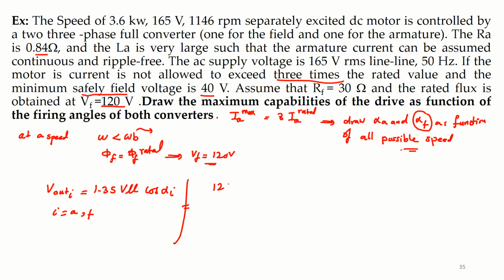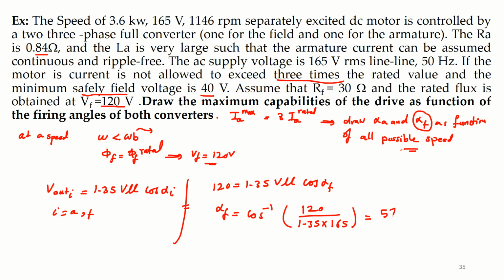So 120 must equal 1.35 V line to line cosine alpha f. From here we can find alpha f, which is equal to cosine inverse of 120 over 1.35 multiplied by V line to line, which is 165. If we do the math, this will equal 57.4 degree.